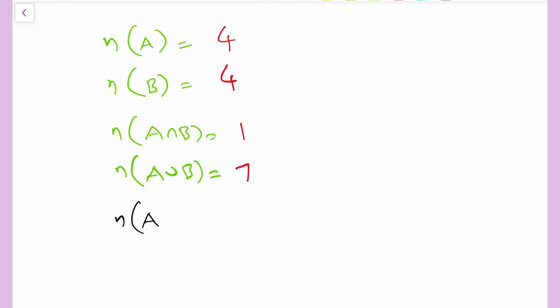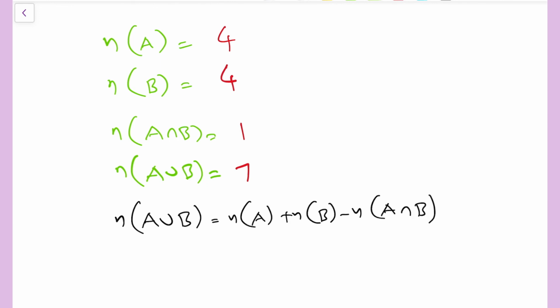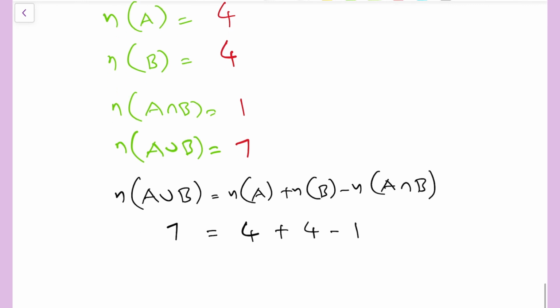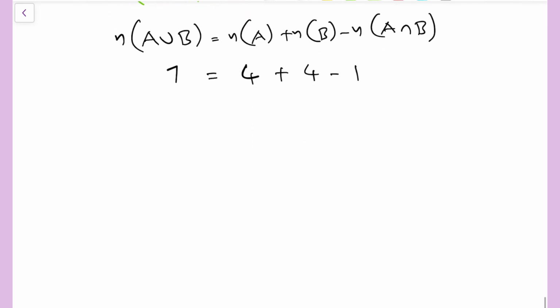This formula, if you remember, it will be helpful. n of A union B equals n of A plus n of B minus n of A intersection B. So n of A union B 7 equals n of A 4 plus n of B 4 minus n of A intersection B 1. Let us simplify this. 7 equals 4 plus 4, 8, 8 minus 1, 7. 7 equals 7.